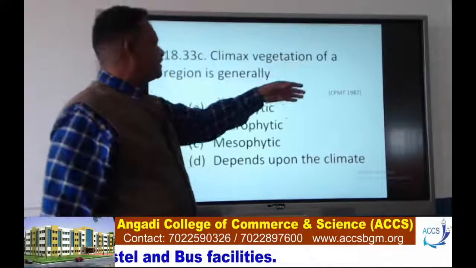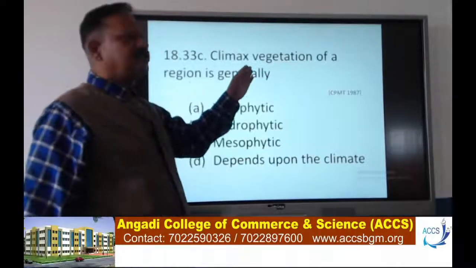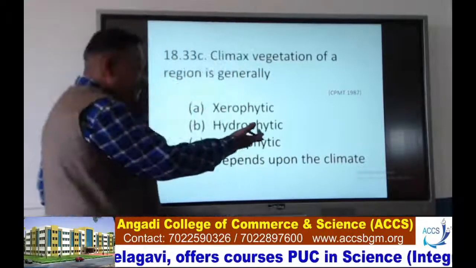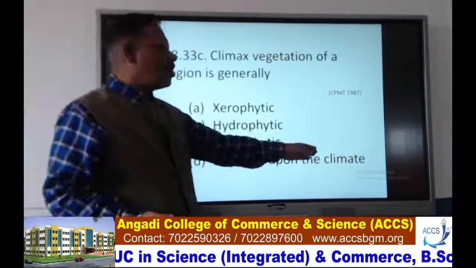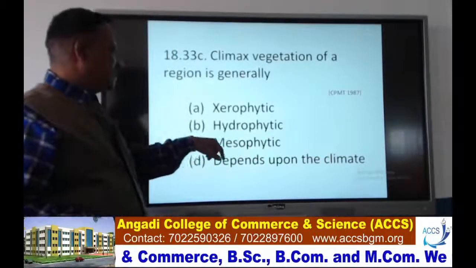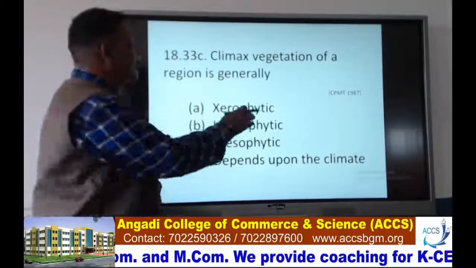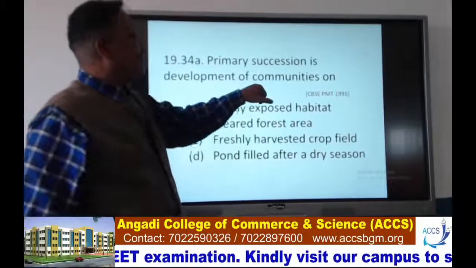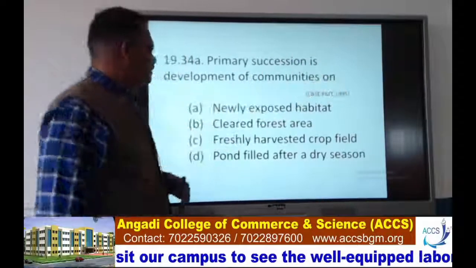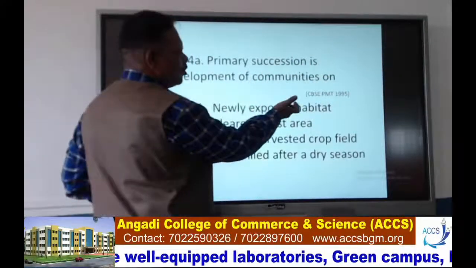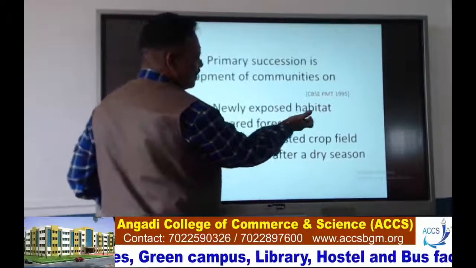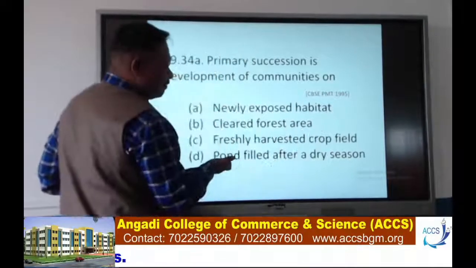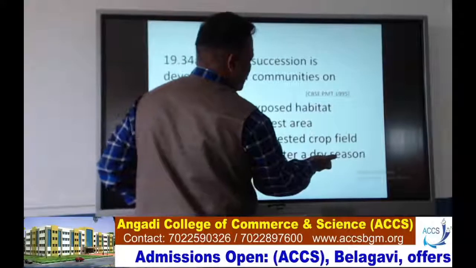Next, climax vegetation of a region is generally, just see, xerophytic, hydrophytic, mesophytic, depends upon the climate. It is C, mesophytic. Next one. Primary succession is development of communities on, just see, newly exposed habitat, cleared forest area, freshly harvested crop field, pond field after a dry season.